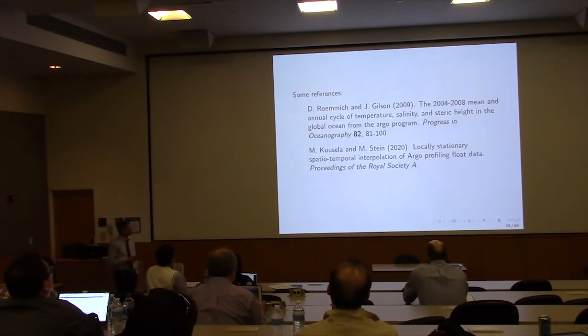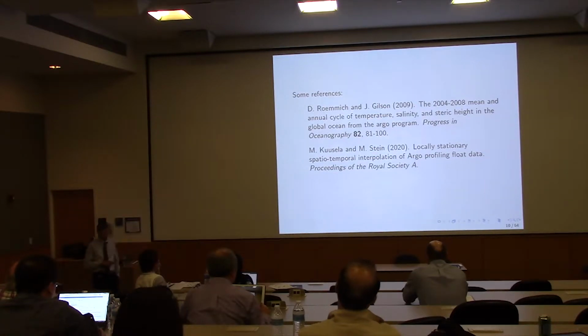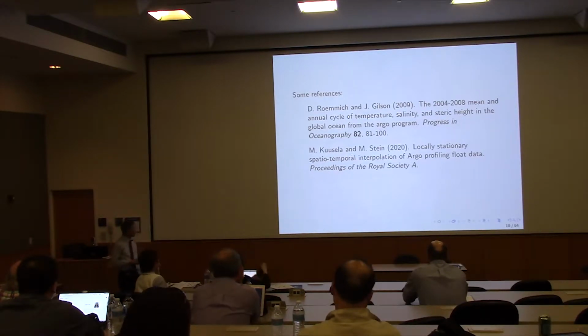If you're interested in the Argo data, I can recommend at least two papers. This paper is written by two oceanographers and is very widely cited; it talks about the history and generalities of the Argo project and the Argo data.